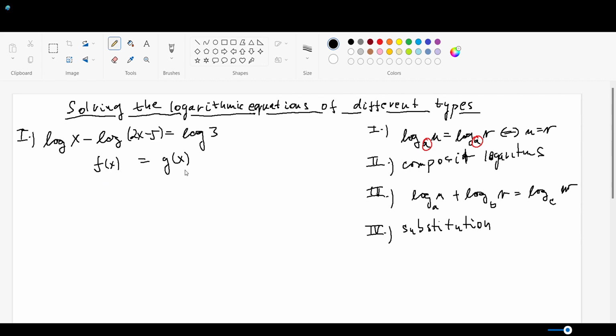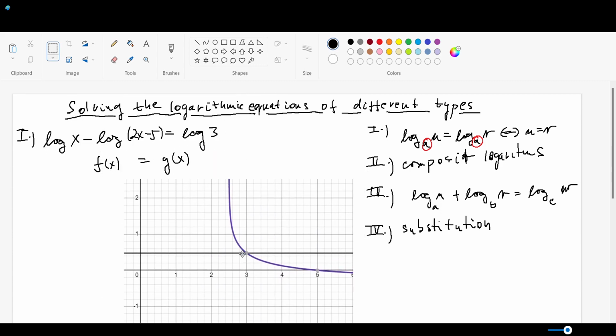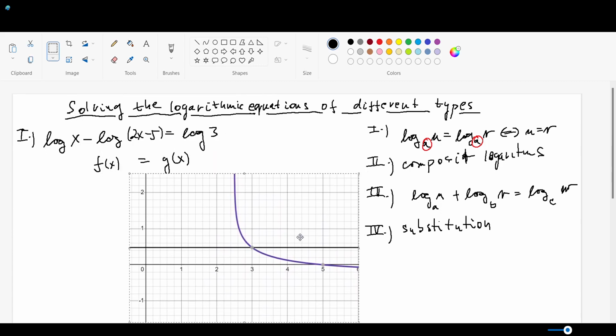For this I will use the Desmos program, and I'm going to show you what I mean by this. Let me just take a screenshot from Desmos. As you can see, finding the solution graphically means first of all sketching the graph of f of x, which is log x minus log of 2x minus 5, the blue line here.